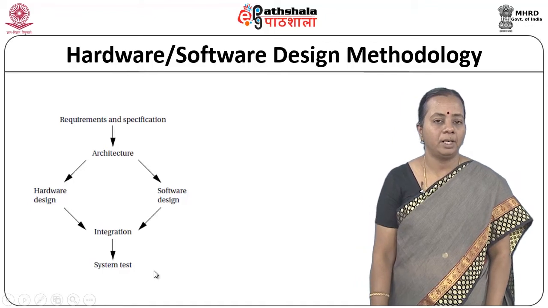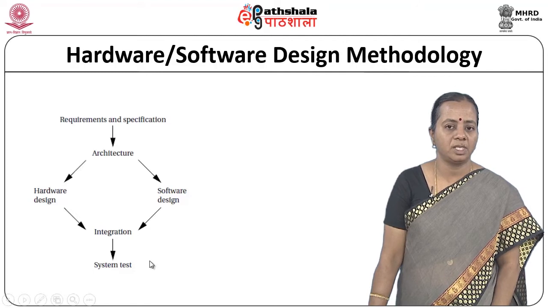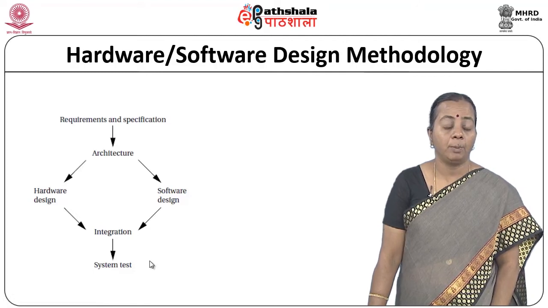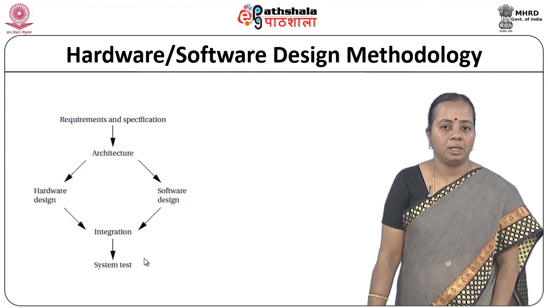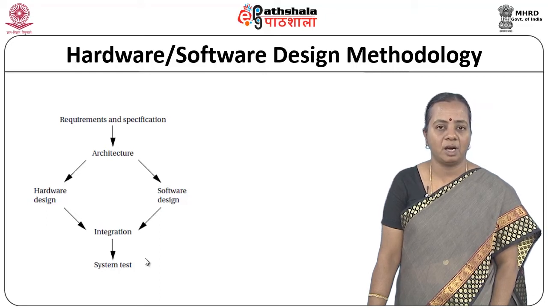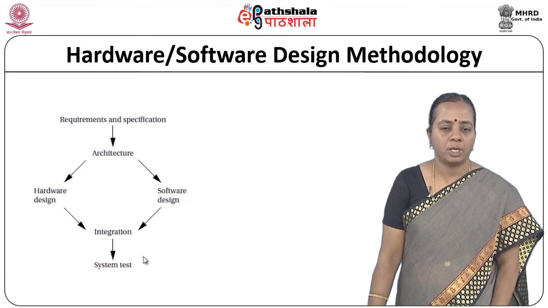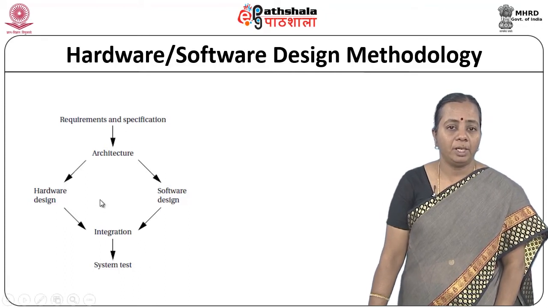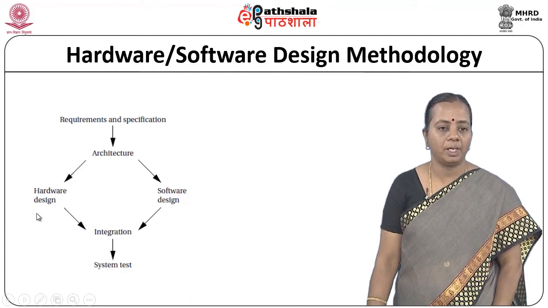When you are looking at the design technology, I can say that this technology is most suitable for embedded system design. Why? Because as we know, an embedded system is a combination of hardware and software. That means a processor is embedded with software to suit a particular application. That is what an embedded system is. So when I am developing a particular model, it has a hardware component and a software component.